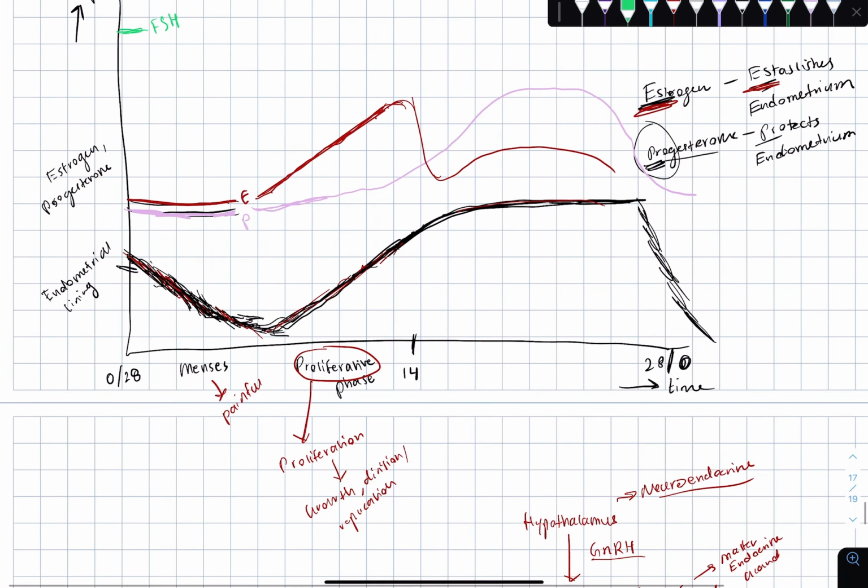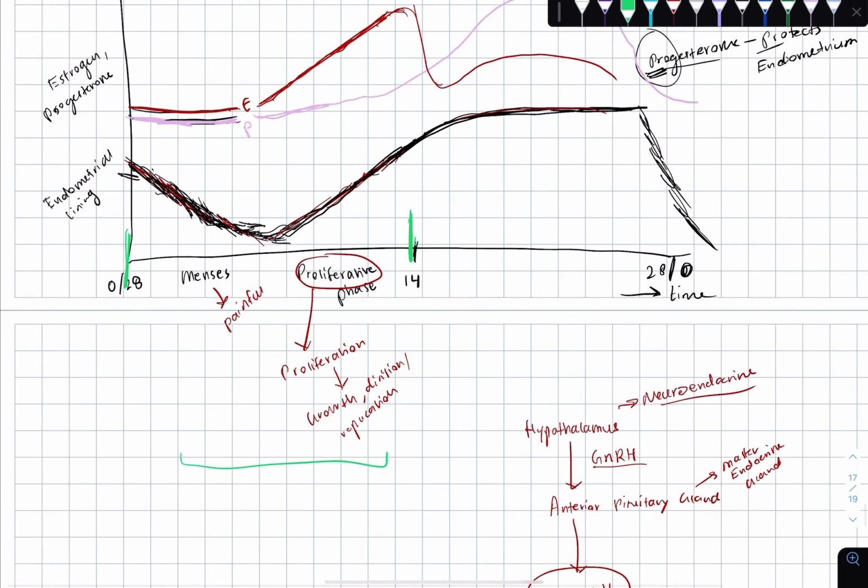Now this first phase, where we have the menses occurring and then the proliferative phase starting, we'll divide between here, actually right before day 14. And we will be calling this whole thing the follicular phase.